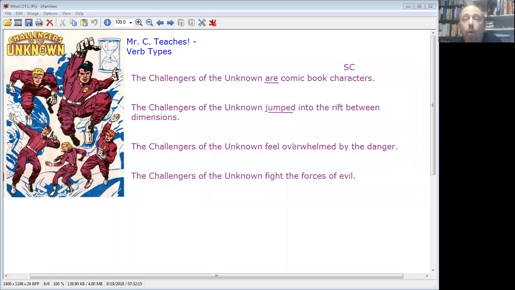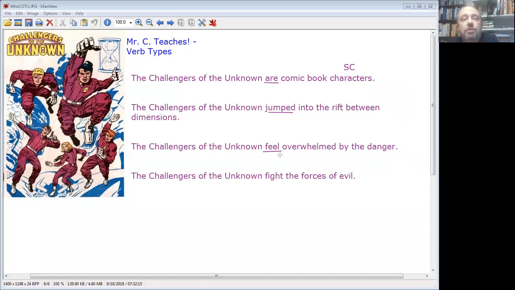Now, when we're looking for verbs, we need to be careful because sometimes linking verbs get tricky, and that happens in this next sentence. The Challengers of the Unknown feel overwhelmed by the danger. Now, you look at this word, feel, the verb, and feel can be an action, right? I'm feeling my forehead, right? But in this sentence, it's not an action. If I can take out the verb and put in is or are, and the sentence still works, it's a linking verb.